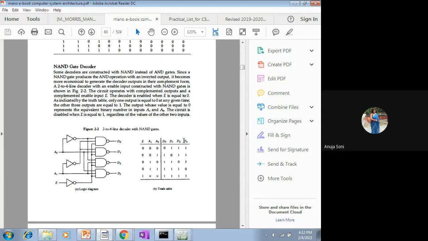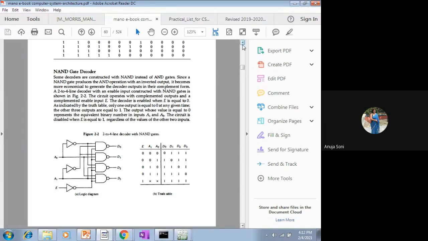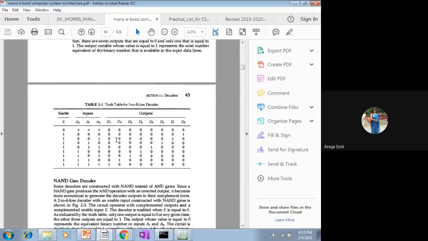And here in the truth table of your 2 to 4 decoder, earlier when you had talked about using the AND gate, what was there? All the D0, D1, D2, D3 were enabled whenever their corresponding value was 1. If you go to the previous table, you would see that either it is the 3 to 8 case or the 2 to 4 case, it is enabled provided that the corresponding value is 1, and the remaining values are 0.